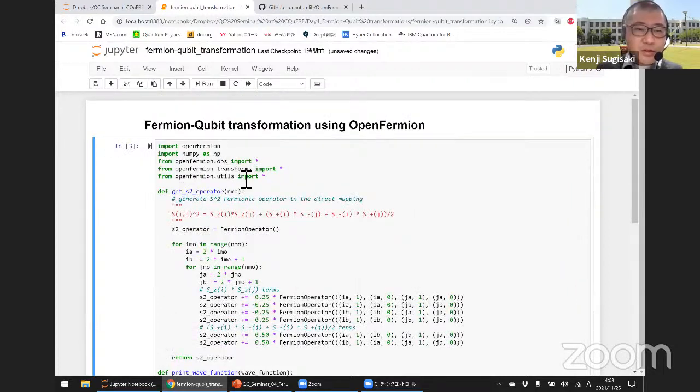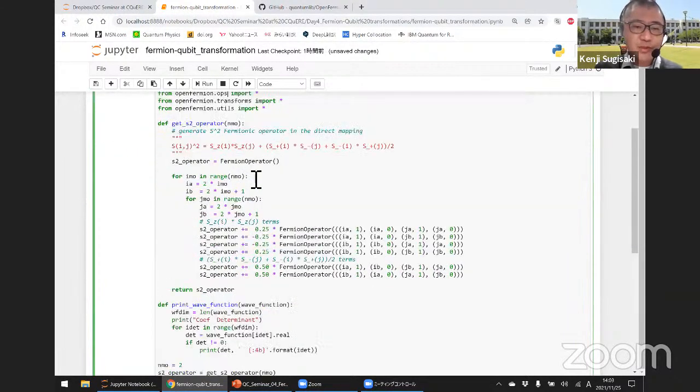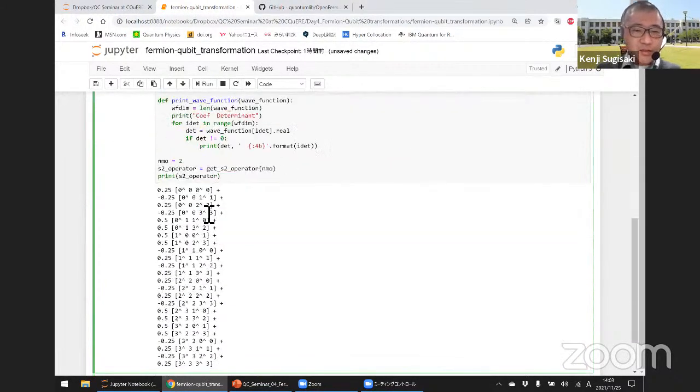Before applying this function, we have to import OpenFermion and also some functions from the OpenFermion library. The result is shown here. This is the S-square operator in the two molecular orbital case. This hat means the creation operator, and the number without a hat is the annihilation operator.